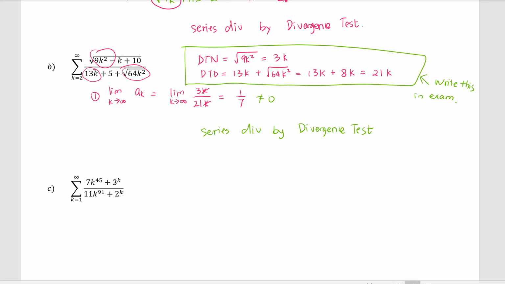In this chapter, we will learn a lot of tests, so every time you use a test, you have to say its name. I really hope you distinguish two concepts: the series and the sequence. In these examples, the sequence converges to a number, but because that number is not 0, the series diverges. Sequence converges, but series diverges. Okay?